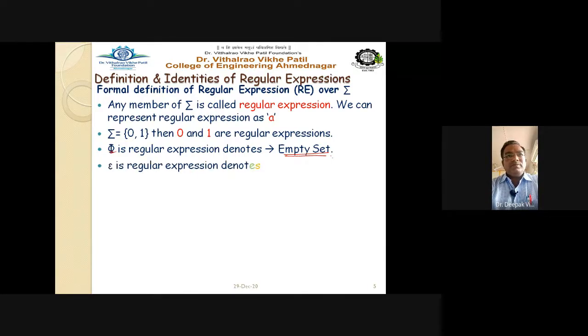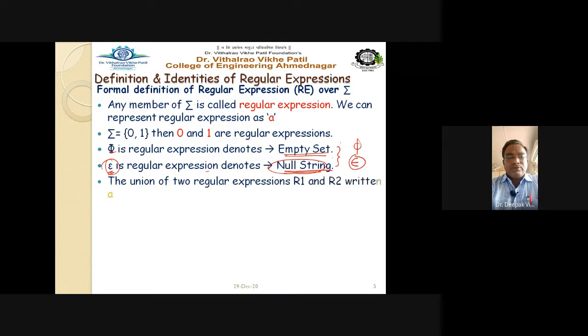Then epsilon is a regular expression that denotes the null string. Of course, there is a difference between the empty set and the null string. Phi is your empty set, whereas epsilon represents your null string. And both are regular expressions.